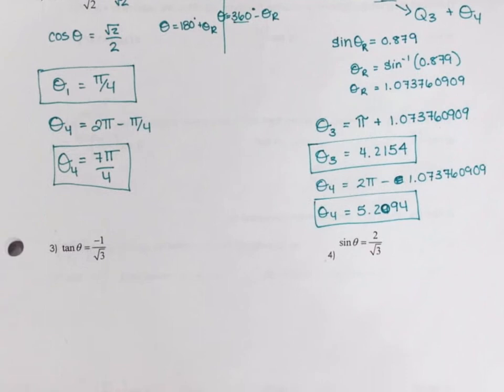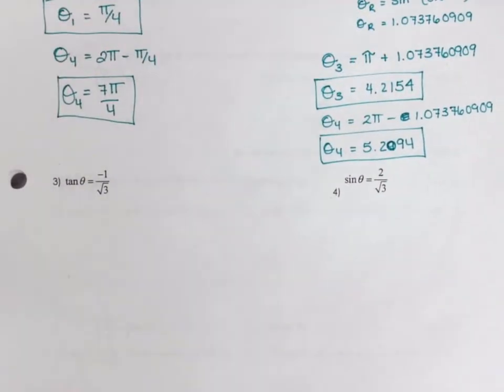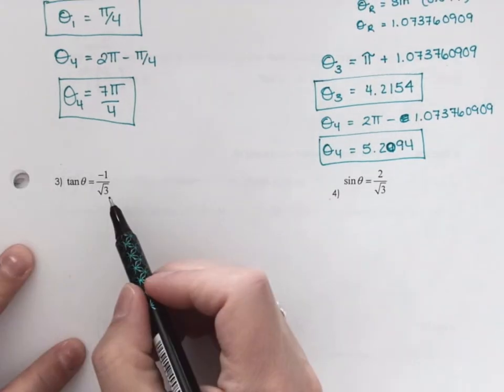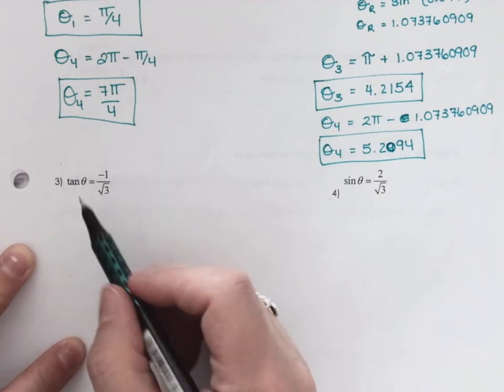So this is a lot of grade 11 work, and the only thing really new to this is that we're dealing in radians, or we're dealing in exact values. Okay, does this excite you? It should.